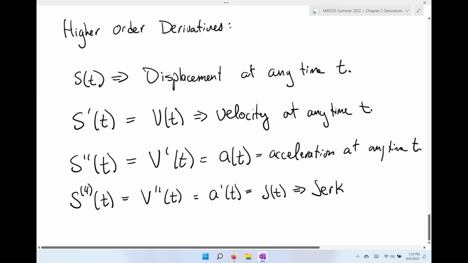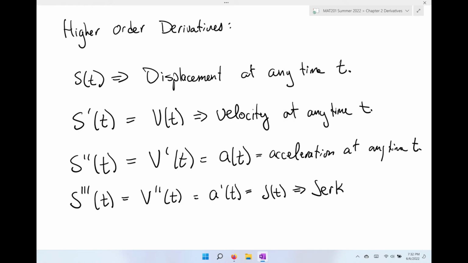And yes, that is technically correct. And hold on one sec. I made an error here. This is just the third derivative of displacement. But the third derivative of displacement is the second derivative of velocity, which is the first derivative of acceleration. And you can see how complicated this can get very quickly.